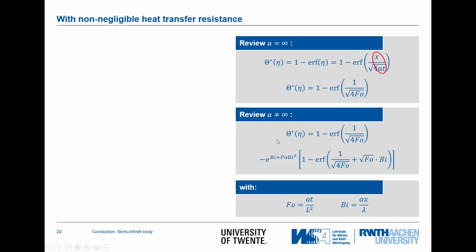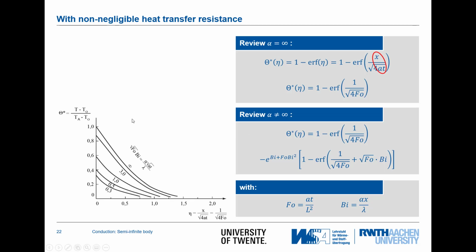Now, for alpha being not equal to infinity, we have a slightly more complex equation. I don't want to go into the derivation of the equation in detail. We see that instead of having just a dependency on the Fourier number, we also have a dependency on the Biot number. And from that, we get a slightly different equation, being at the end the solution.